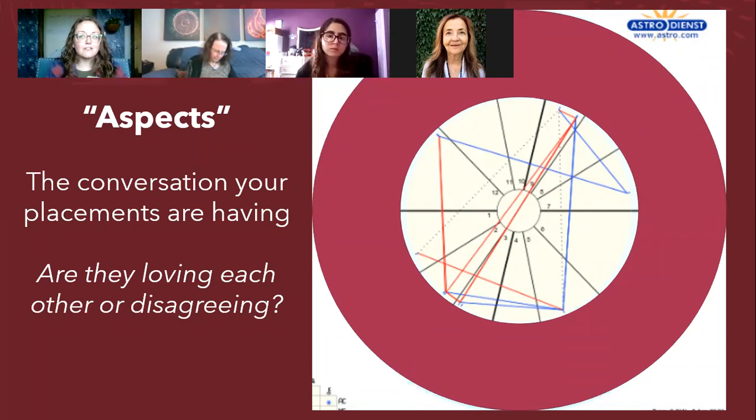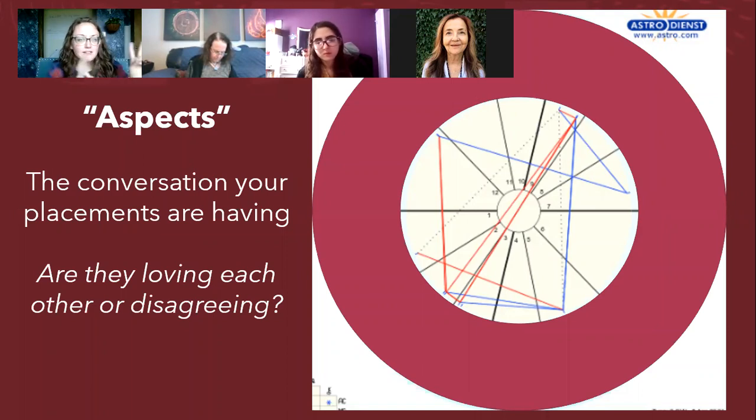Either you pick one and a part of you is disappointed, no matter which way you pick, or you don't go anywhere because you can't decide. You can't move in two different directions at once. And what do you do with that? That's really annoying at a minimum. And those are typically oppositions and squares.